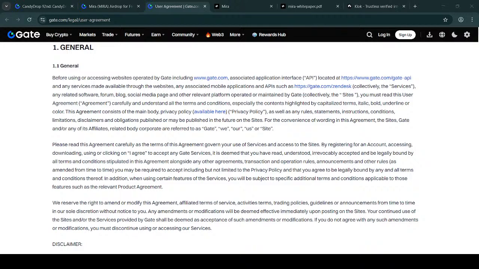The agreement consists of the main body and five basic policies, as well as many rules, statements, instructions, conditions, limitations, disclaimers and obligations published or that may be published in the future on the site. For convenience of wording in the agreement, the site and Gate and any related entities are referred to as Gate.io and the site.